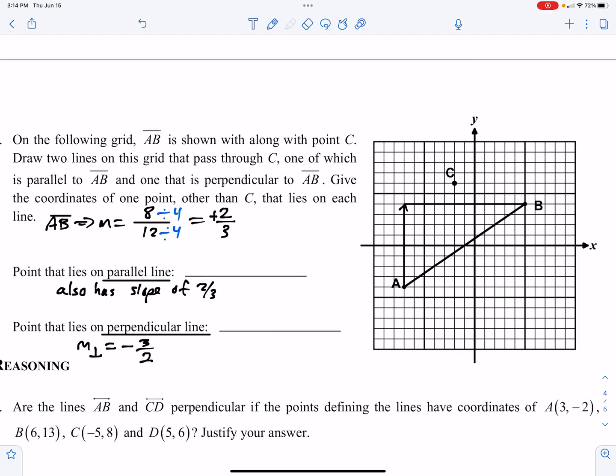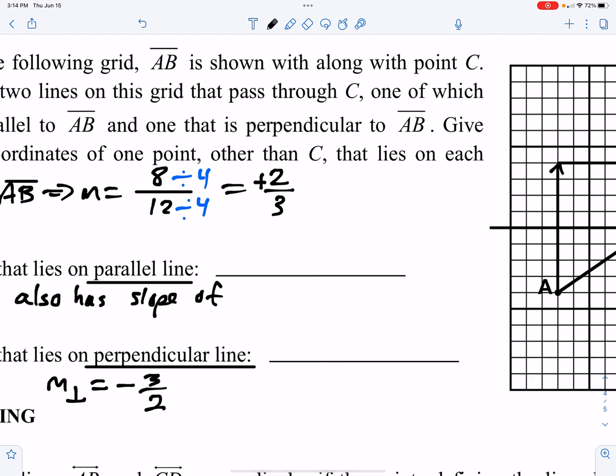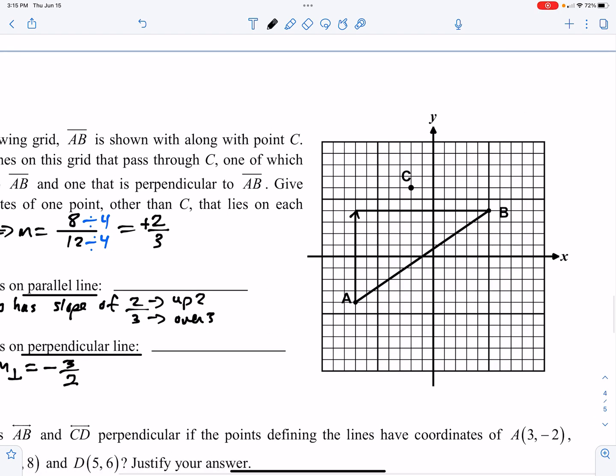So if I have a slope of 2/3, I'm going to go from point C up 2 over 3. So up 1, 2 over 1, 2, 3. There's my other point.